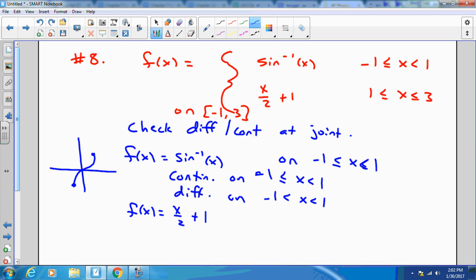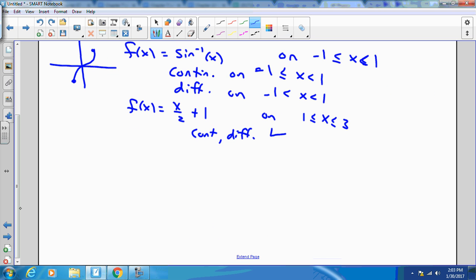Meanwhile, I check the piece f of x equals x over 2 plus 1 on the interval 1 to 3, and that is obviously continuous and differentiable because it is a linear function. Check. But now I'm going to check at the joint where the two pieces come together. To do that, I need to verify that the limit equals the function value.